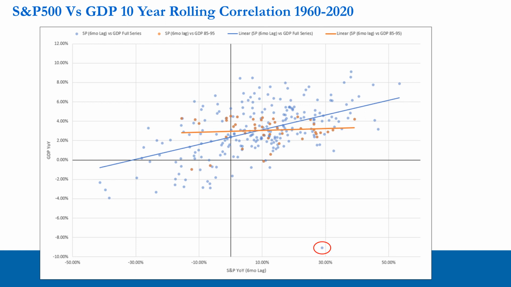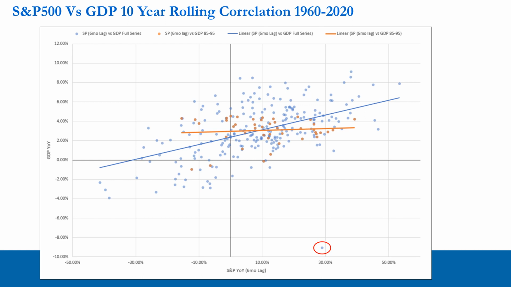So let's run through these quadrants to understand what we're looking at here. If you look at the top left quadrant, what is that telling us? Well, the top left quadrant is the scenario where GDP year-on-year percentage is up. However, S&P 500 year-on-year returns with a 6-month lag is reported down.